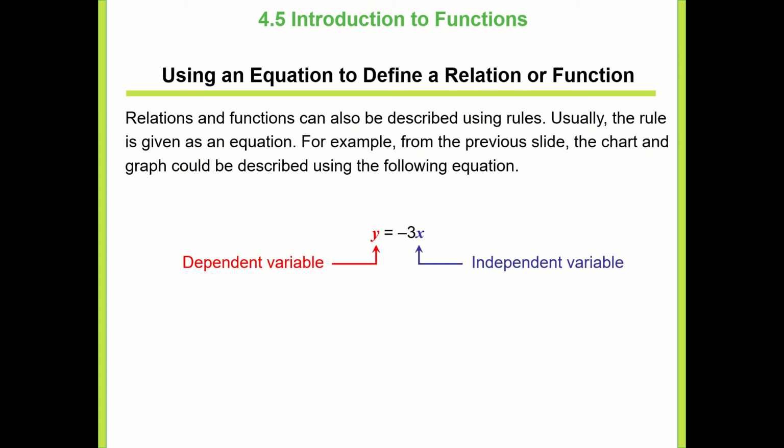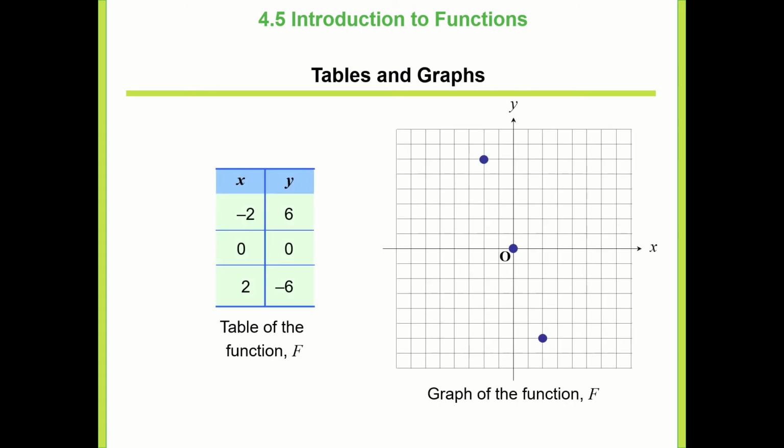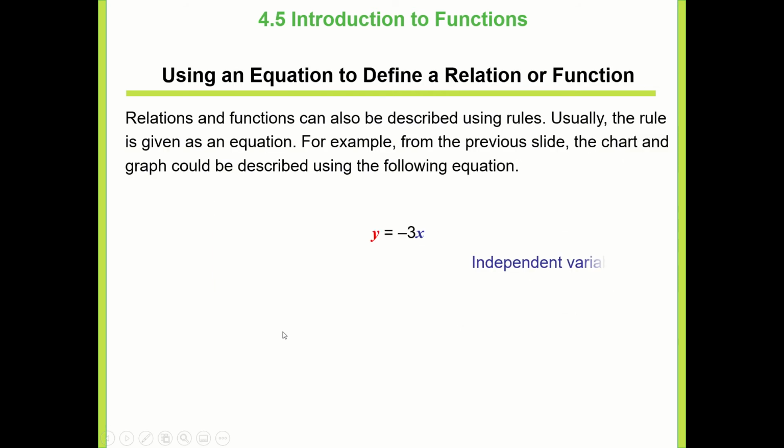We call y the dependent variable. So the set of x is the domain, the set of y is the range. And here we call y the dependent variable, x the independent variable.